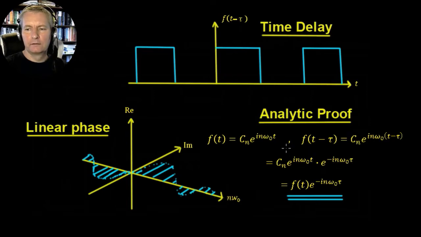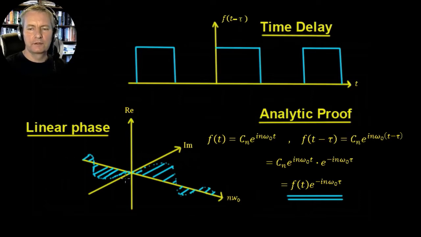But the first part is just our original value of f of t, and then we have this other term, e to the minus i n omega naught tau. You can see that this term doesn't change the magnitude of Cn in any way. The only effect it has is to add the linear phase. So that's our little proof that a time delay adds linear phase in the frequency domain.